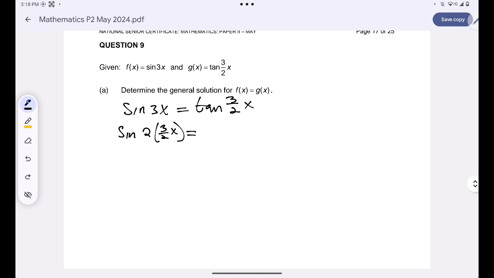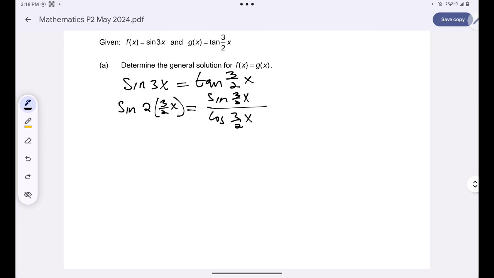And then I'll change everything into sine and cos on the other side. It's sine 3 over 2x all over cos 3 over 2x. Are you together? And then on the left hand side I can express the double angle. It's 2 sine 3 over 2x, and then I have cos 3 over 2x.